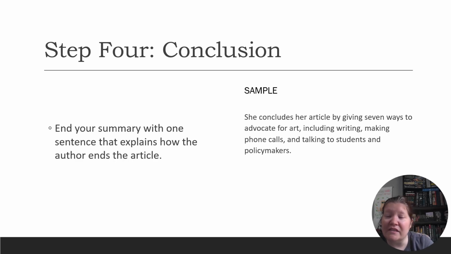And then lastly, to help your readers identify that a summary is coming to an end, you'd want to consider looking at how the author concludes their work. If it's an academic text, they usually have a conclusion towards the end that will probably restate their main idea and the elements they composed, but sometimes they have a final plea or an argument that really shows the purpose of the text, and you'd also want to honor that within your own summary.